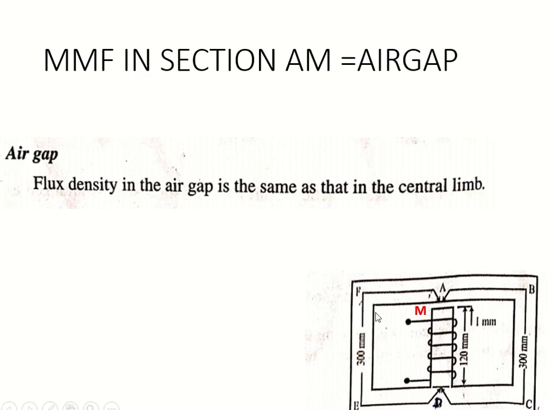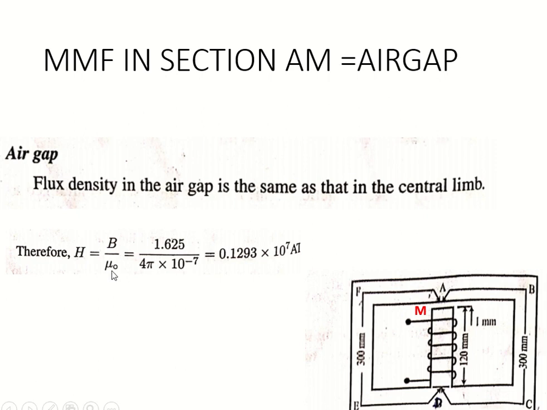Up to this point, flux density is the same. Therefore, what is the field intensity? Flux density by mu 0. B equal to mu 0 H, so H equal to B by mu 0. B is 1.625 Tesla, and mu 0 is 4 pi into 10 to the minus 7. So you will be getting the value of 1.293 into 10 to the 6.